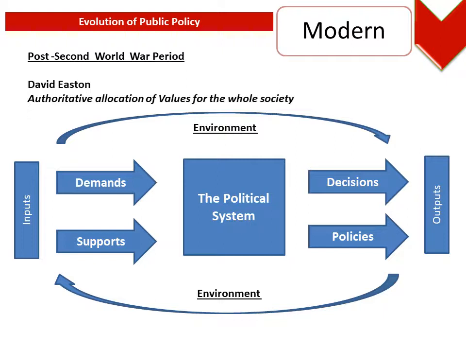But Easton says values cannot be avoided, and according to him, values involve not only tangible matters such as capital, but also intangible matters like power, reputation, service, etc. And this is the period in which we can see the development of mainly the theories of Harold Laswell and David Easton in the post-Second World War period.